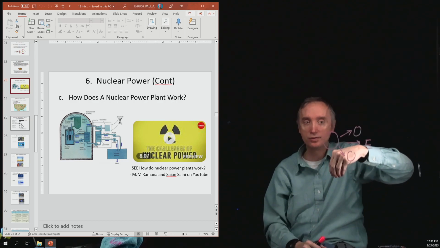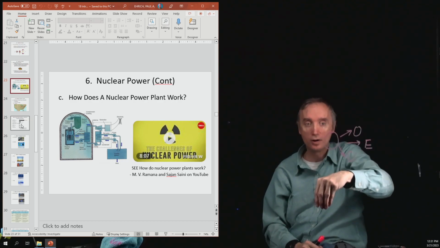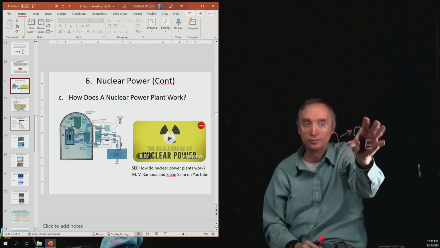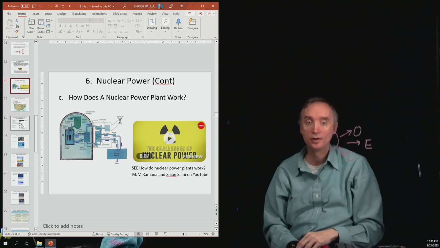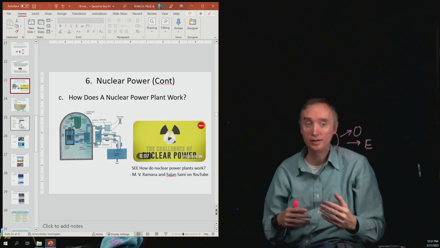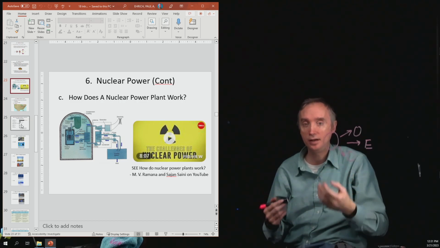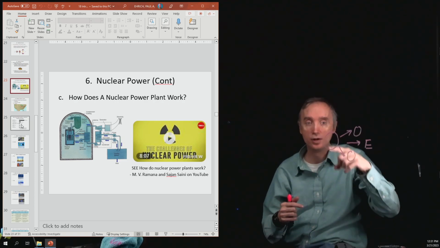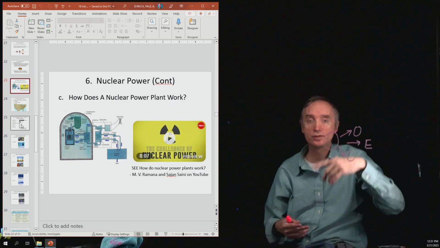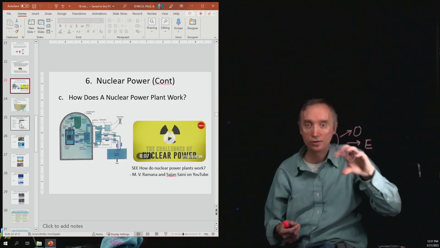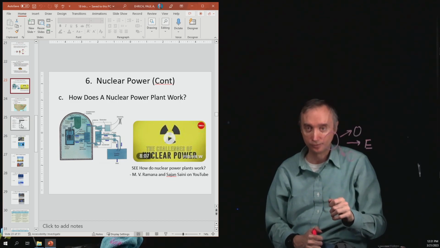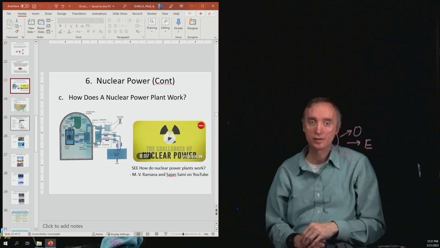Then we take the tube and put it into water, and as this stuff undergoes radioactive decay, it's going to release heat. The heat is going to heat up the water. The water in turn is going to turn into steam. The steam is going to turn a turbine, and then the turbine is going to make electricity. So I'd like you to watch that video and learn in more detail how the process works.